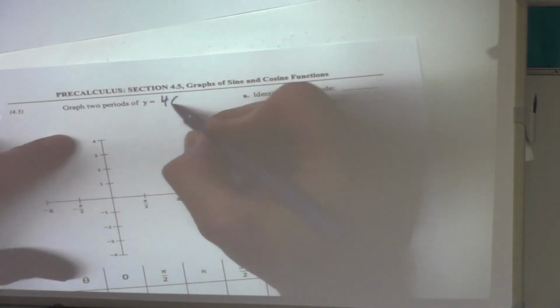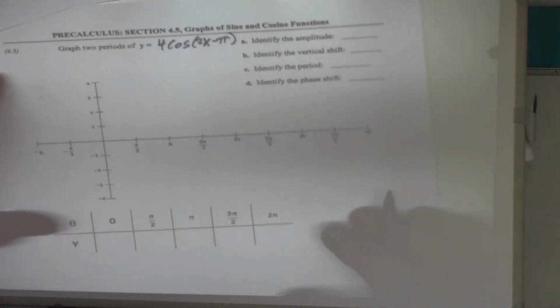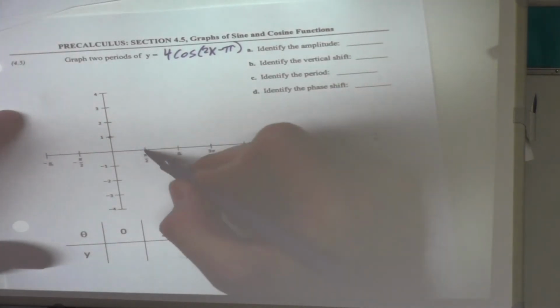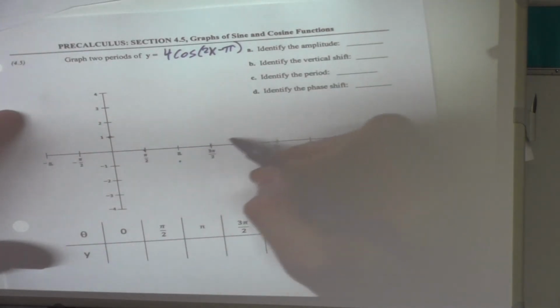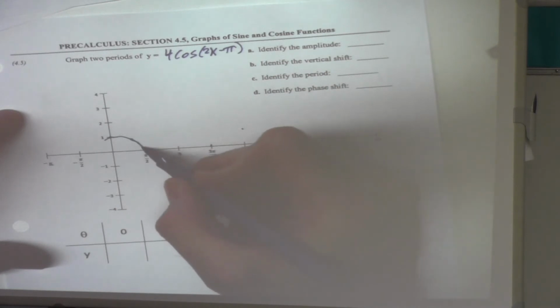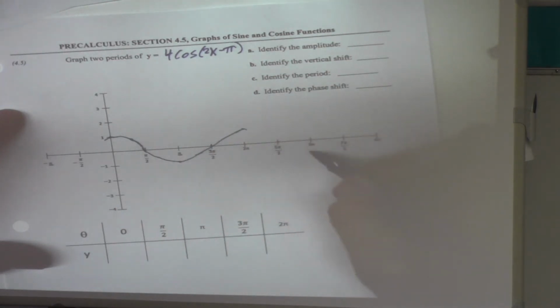Let's do the 4 cosine of 2x minus pi. And I'll do that. I got a blue one here, so I'll do that in this. Now the cosine curve, that's what I started to show you before, and now I will show it again, because I think I owe that to you here. Here's the basic cosine curve. And then it will continue.